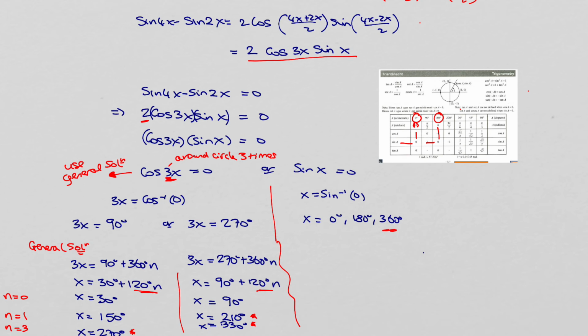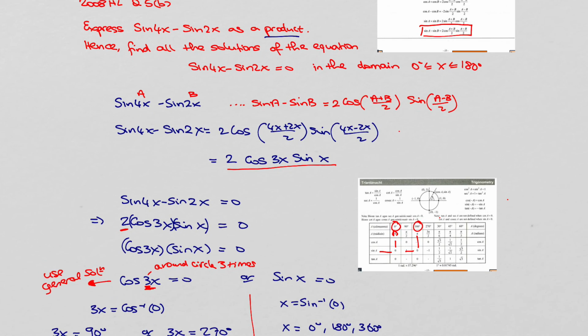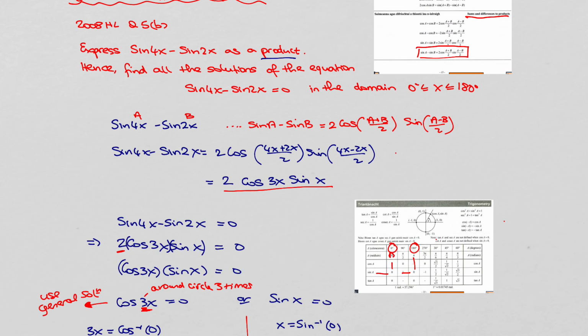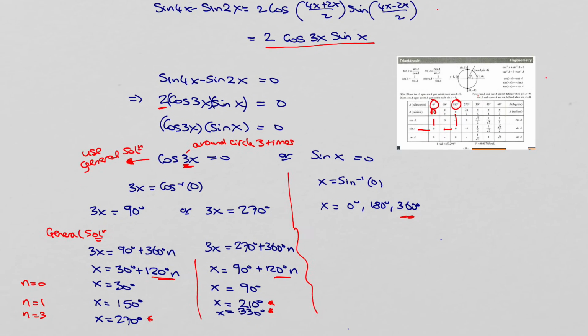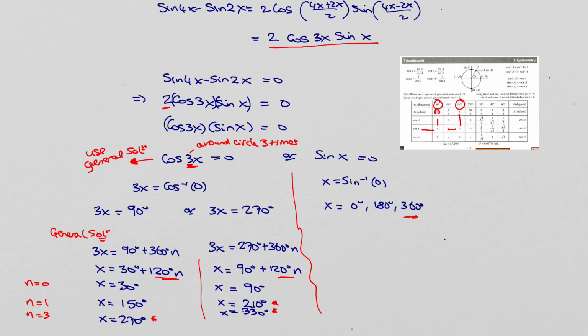So again, starring that. So if we go back to the start of the question, it says it has to be in the domain of 0 to 180. So even though all the answers we have written down are correct, the ones that I have starred here will not be in our final answer. So we therefore say our overall set of solutions, starting at the lowest to the highest, will be 0 degrees, 30 degrees, 90 degrees, 150 degrees, and 180 degrees.